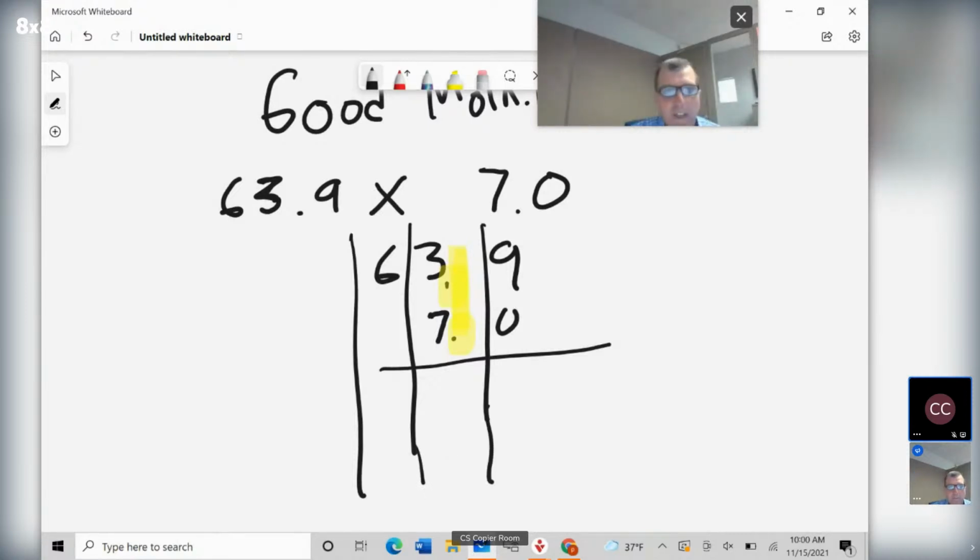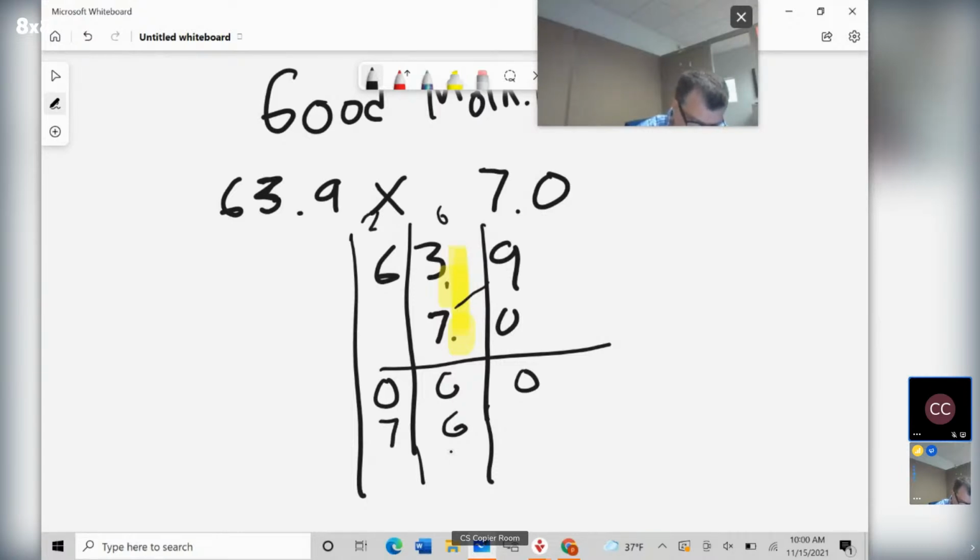So we do a multiplication problem here. The 0 times the 9 is going to be 0. 0 times 3 is 0. 0 times 6 is 0. Then we move over. The 7 times the 9 is 63. We want to carry the 6. 7 times 3 is 21, plus the 6 is 27.